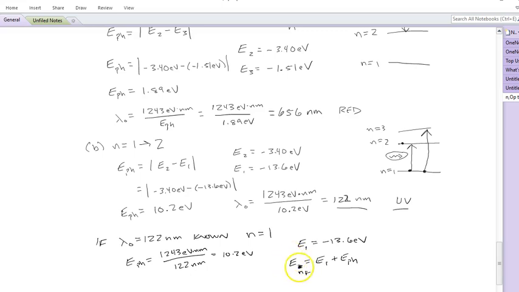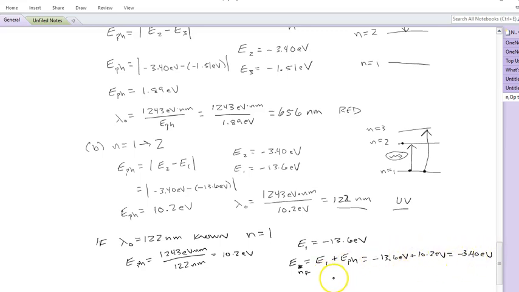Let me label that E n sub f, because you don't know what n sub f is going to be yet. So you would say, okay, minus 13.6 eV plus 10.2 eV, and now I'm sitting at an atomic energy that's equal to minus 3.40 eV.